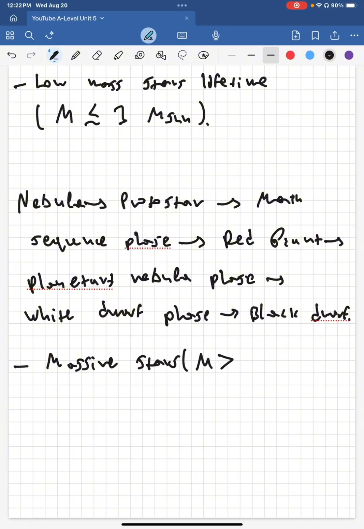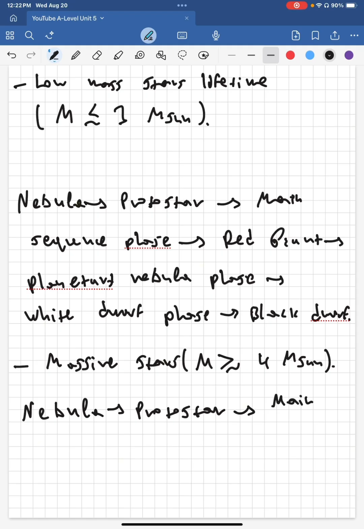These have a mass of larger than 4 times the mass of the sun. Okay, so again, we start with a protostar. Actually, with the nebula again. I'm sorry, I don't know why I keep forgetting that. So, nebula, protostar, main sequence, and the main sequence is also known as blue giant star.